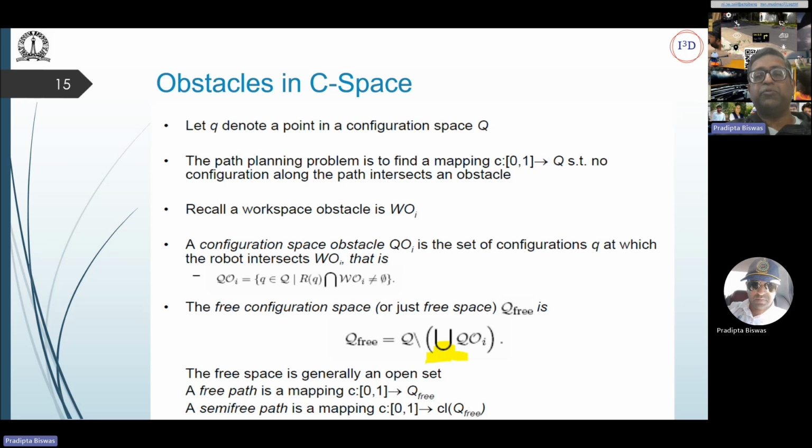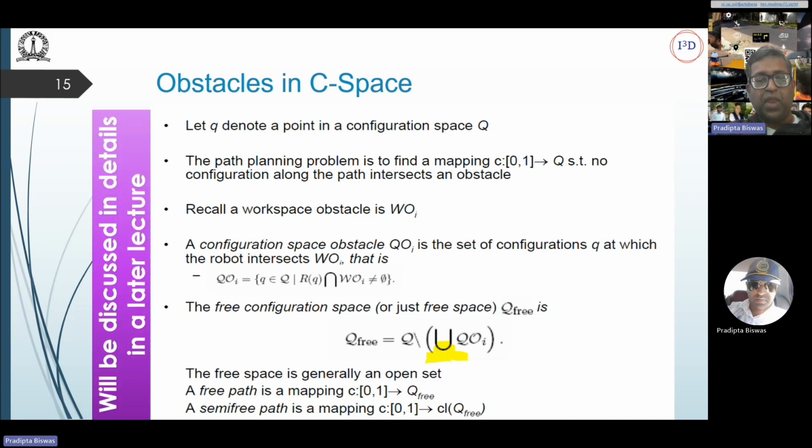So for each obstacle, we have to map those points into the configuration space, and we have to take the union of them. We will go through this algorithm. There is the A-star algorithm, which discusses how we represent obstacles or different types of patching of the obstacle and the robot. That we will discuss in the next lecture, where we will go into further detail of this algorithm.